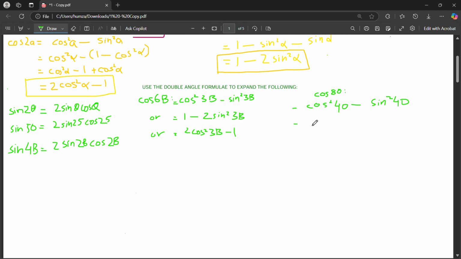Using the second rule, we can say 1 minus 2 sin squared 40 degrees. Using the third rule, this is equal to 2 cos squared 40 degrees minus 1.